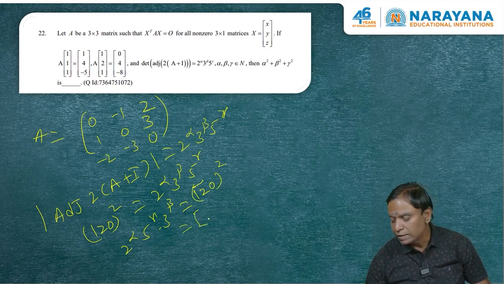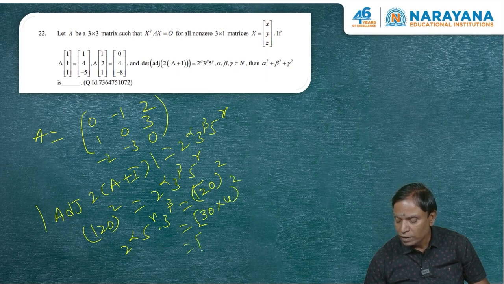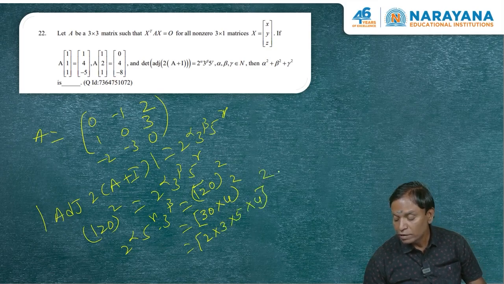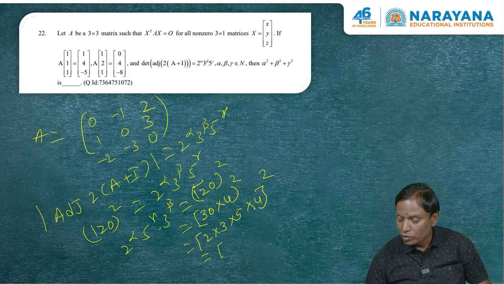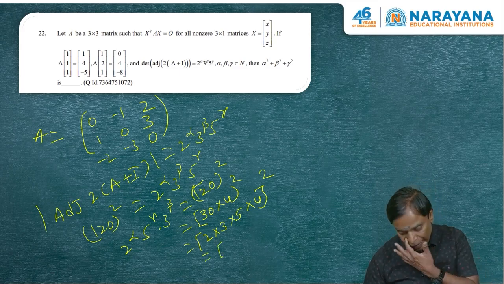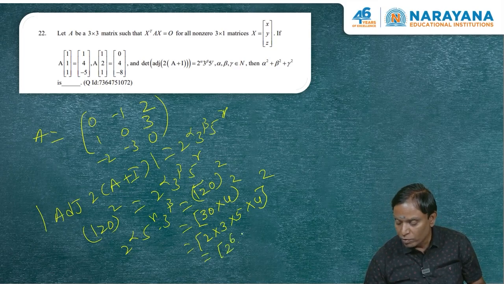This you can say 30 into 4 whole square, which is 2 into 3 into 5 into 4 whole square. So this gives you 2 into 4 is 8, 2 cube. This will become 2 power 6 into 3 power 2 into 5 power 2.